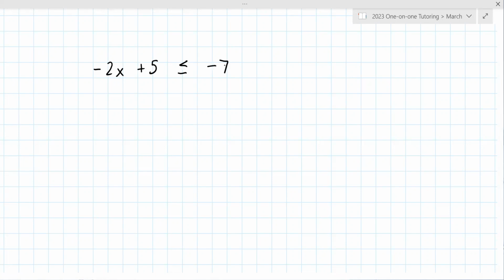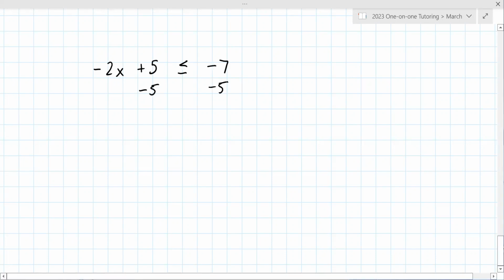Would you start off with subtracting 5? Yes. Does that change the inequality? No, it does not, because it's only when you multiply or divide by a negative number. So -2x less than or equal to -12.